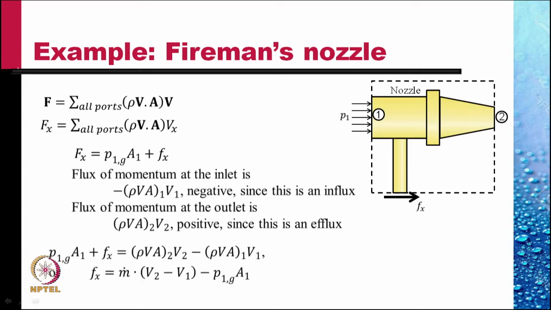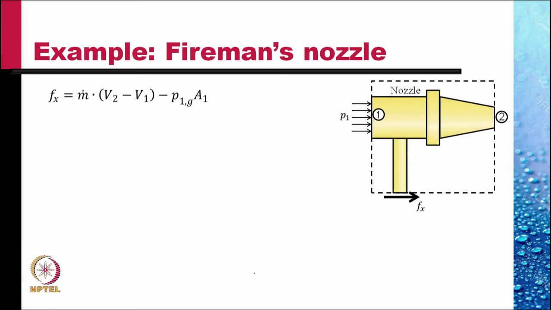So, the equation of momentum reads: P1 gauge times A1 plus Fx is equal to rho VA at 2 times V2 minus rho VA at 1 times V1. This is simplified to obtain this result. We can apply the Bernoulli equation between points 1 and 2.